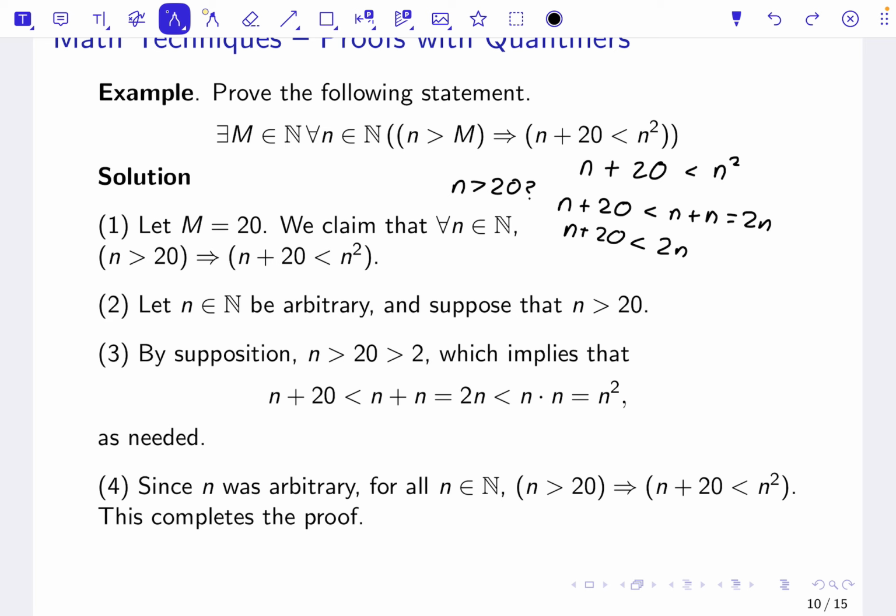So as explained earlier, we found that n should probably be greater than 20. The statement involves if n is greater than some m, and m is existentially quantified. So setting m equal to 20 allows us to proceed with our proof.